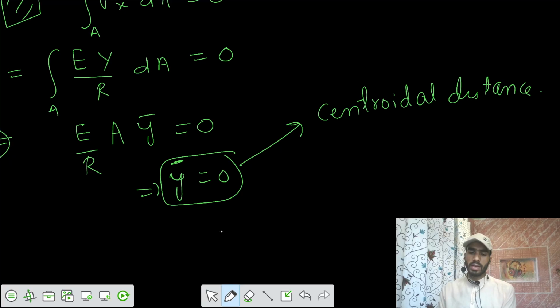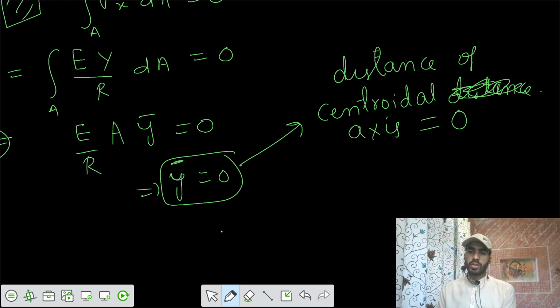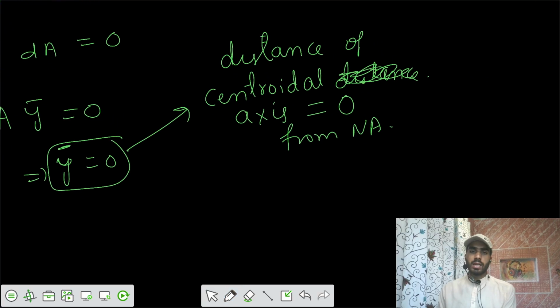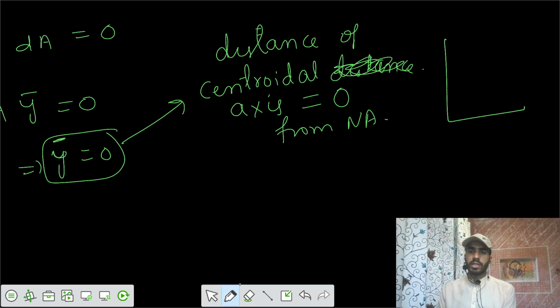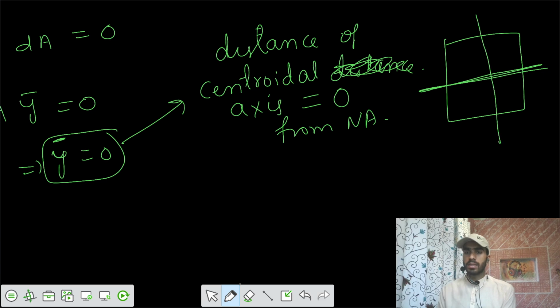Or we can say the distance of the centroidal axis is 0 from the neutral axis. That concludes that if you have a section and there is some centroidal axis, let's say this is the centroid and this is the centroidal axis.